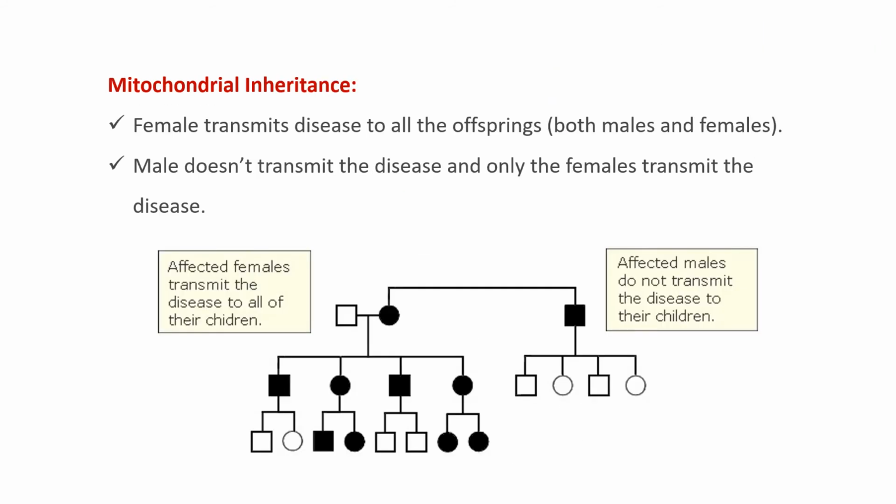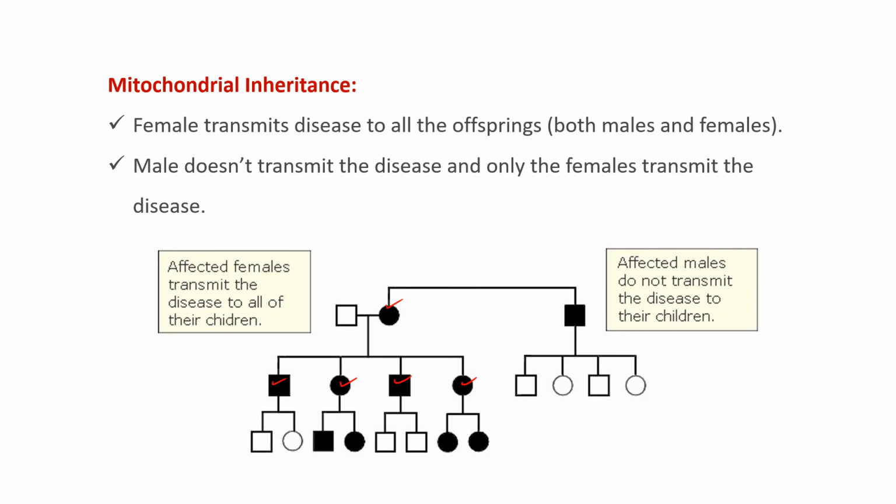Next, let's see the condition for mitochondrial inheritance. First condition. Female transmit disease to all the offspring, both males and females. Here you can see that female is affected and she transmit the disease to all of her kids. All are affected.